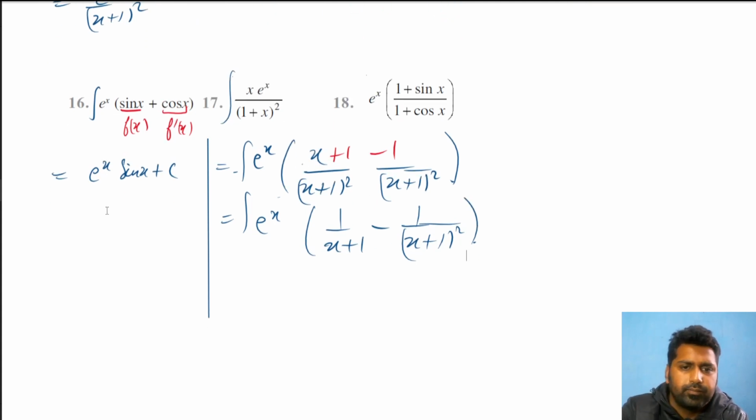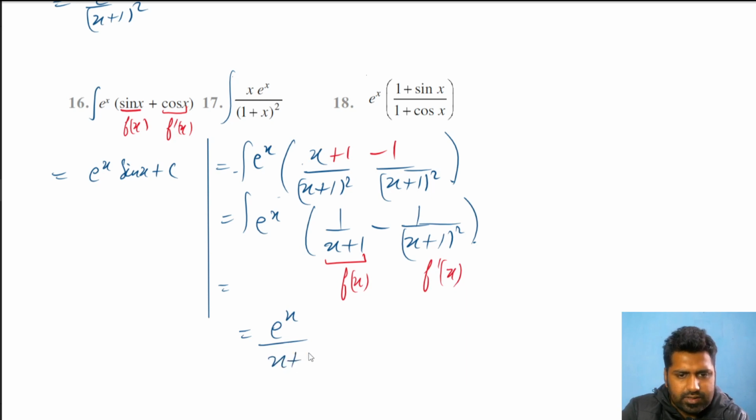I don't have to do anything. See, 1 upon x plus 1 differentiation is minus 1 upon x plus 1 whole square. This is very understandable. So format is satisfied. Answer is e raised to power x upon x plus 1 plus c. The last one, we'll have to see about that.